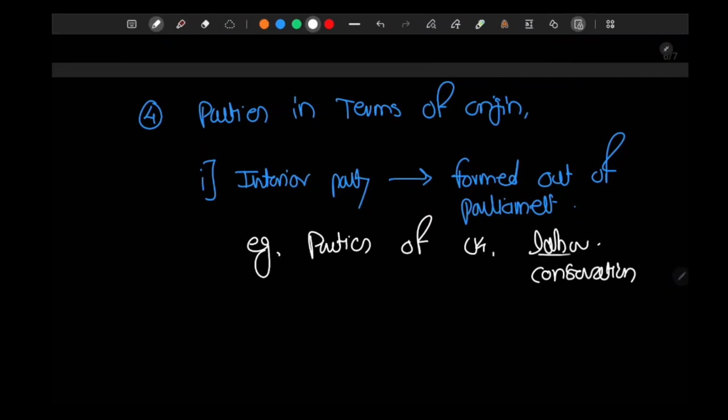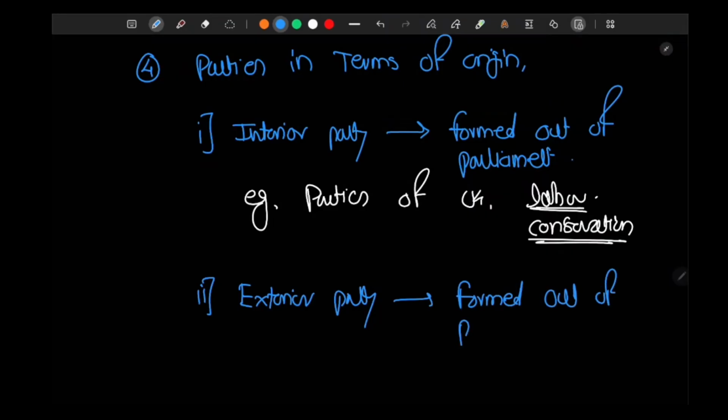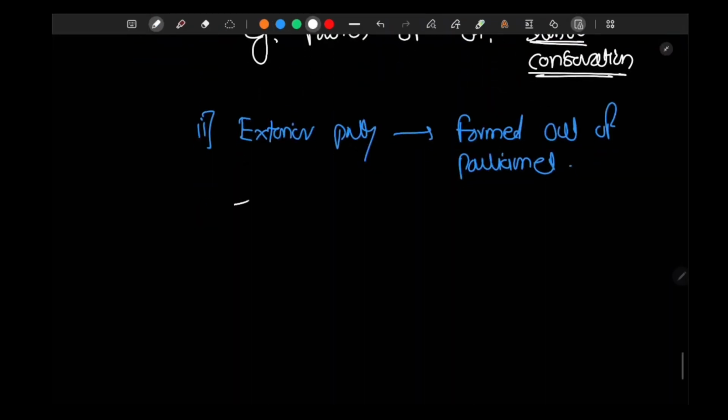This distinction between Labour and Conservative has been done in parliament, right? Then exterior parties, which are formed outside parliament. Example: Indian National Congress formed out of the Indian National Movement. Then AAP formed due to India Against Corruption.